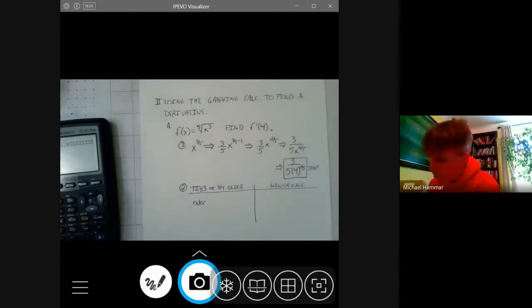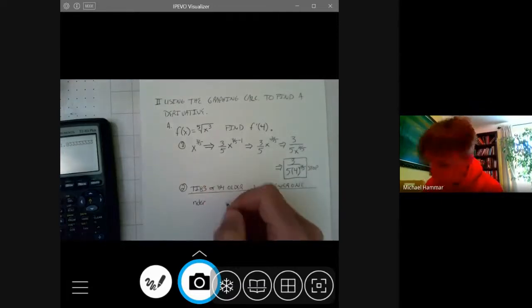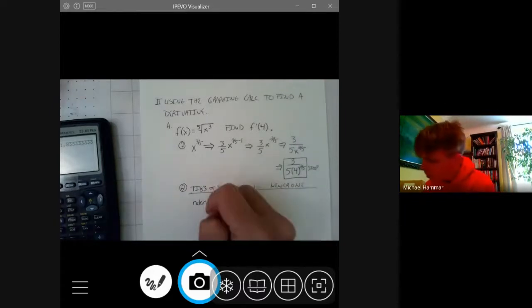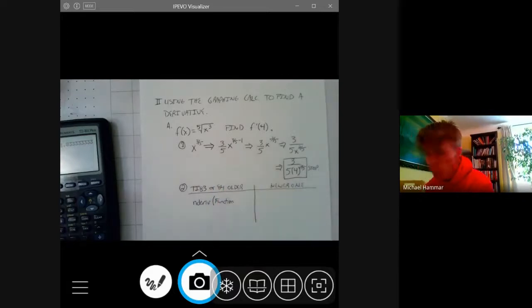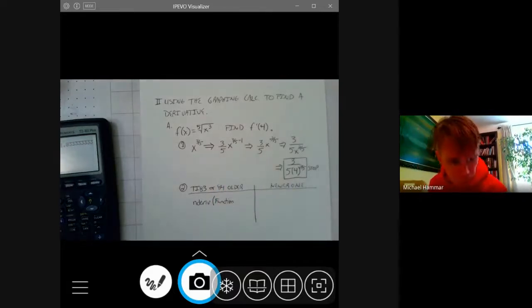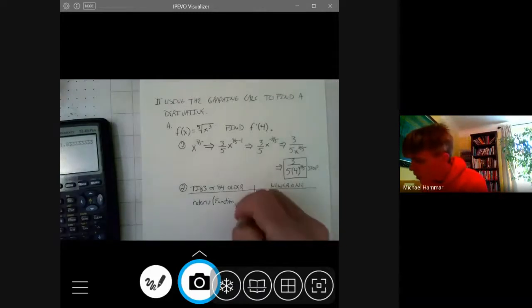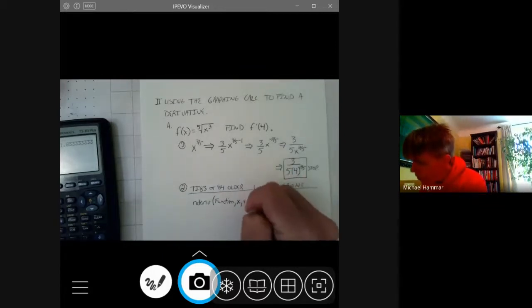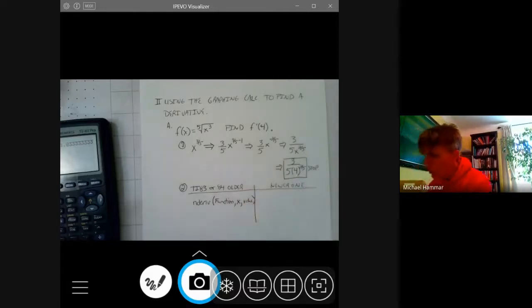And what that means is you are going to find the derivative, or nDeriv, of a function at a certain point. So the first thing you have to do is you have to type in whatever the function is. Okay? Then you need to type in the variable that it is working with, and we are going to almost always use x. And then you need to type in the value that you are trying to find it at. Okay? And then it will calculate it for you.